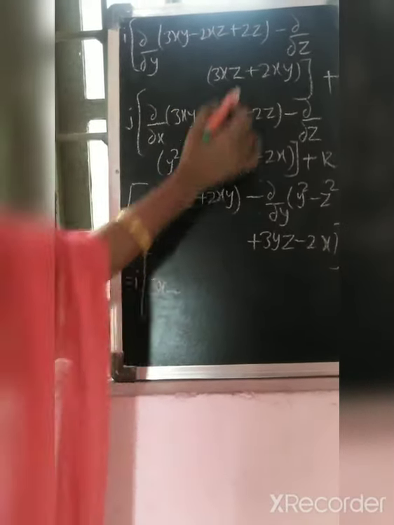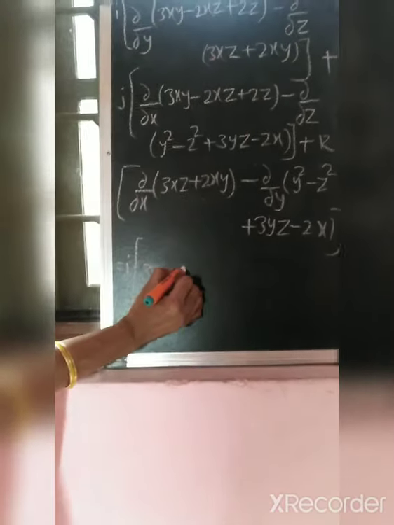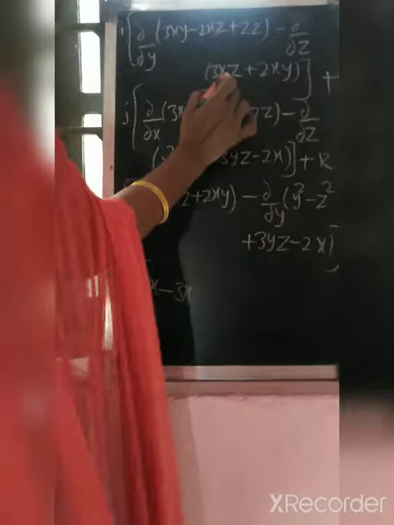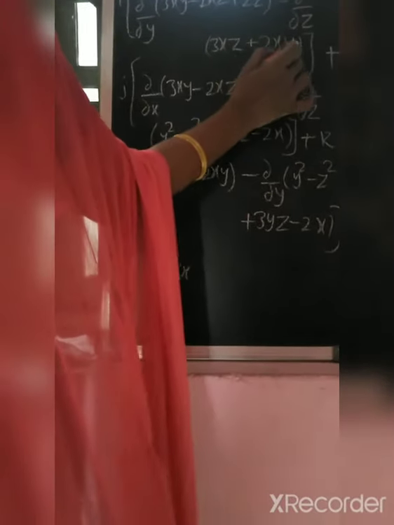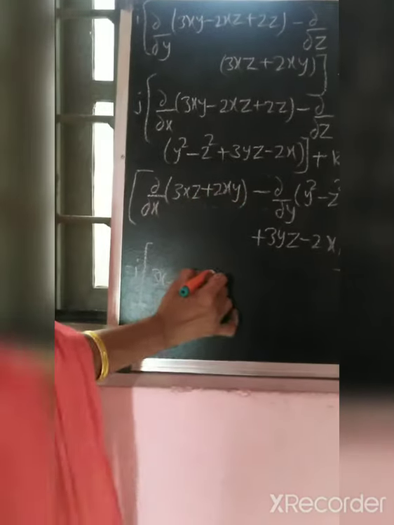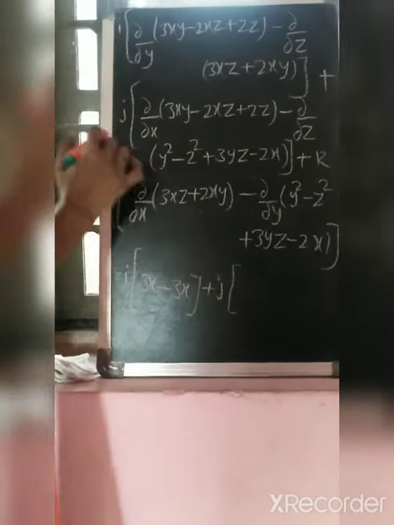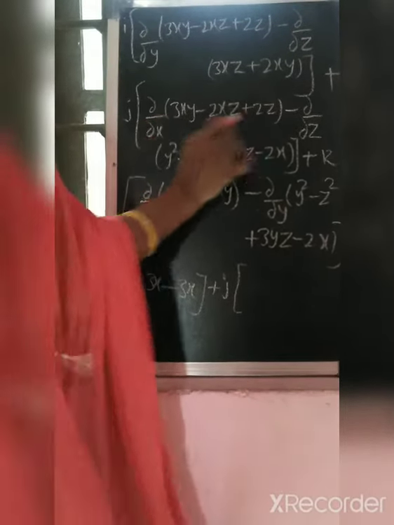So minus dou by dou z of 3xz, here z is 1, so that is minus 3x. And the remaining with respect to z, there is no z, so this is 0. So this is closed.